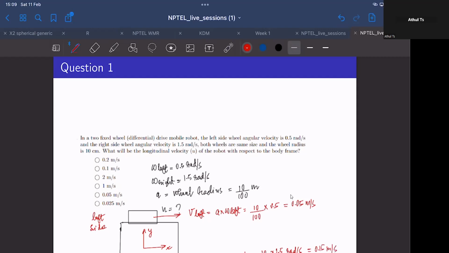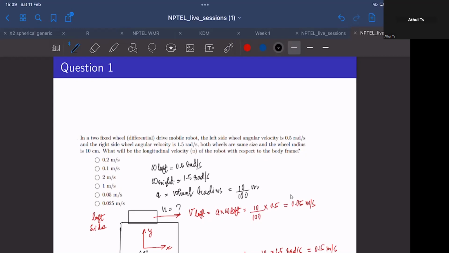So if we have two different velocities for the two different wheels, how do we find the longitudinal velocity? What exactly is this longitudinal velocity? The longitudinal velocity would be the velocity with which the robot travels with respect to its local x-axis.